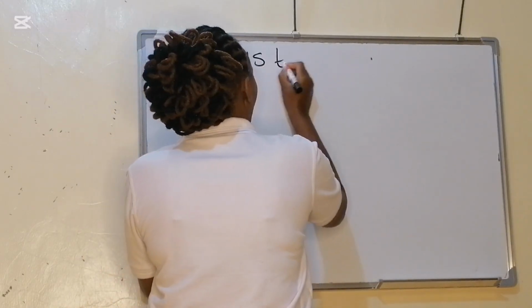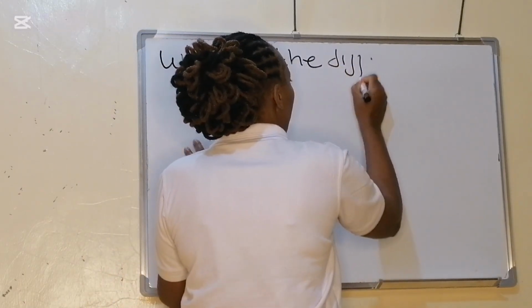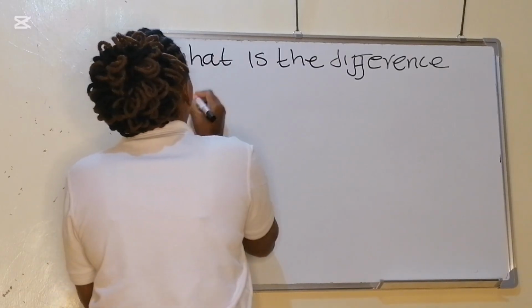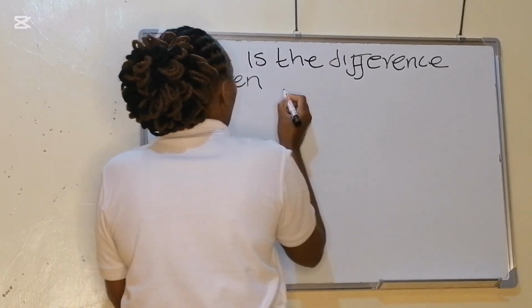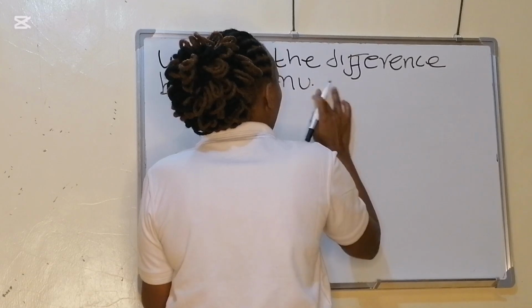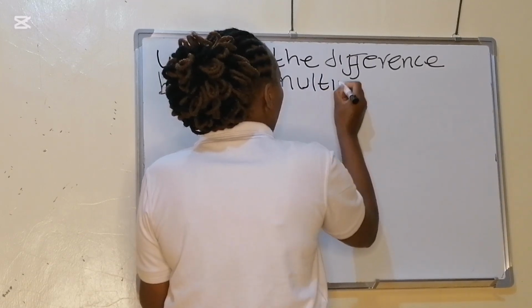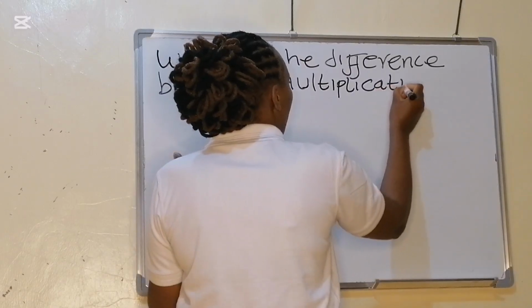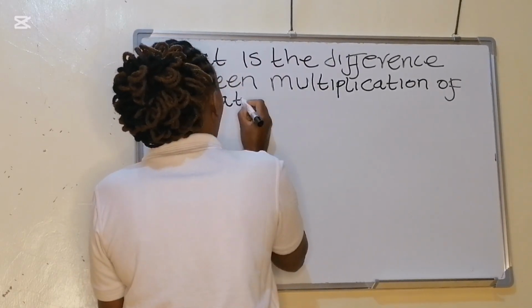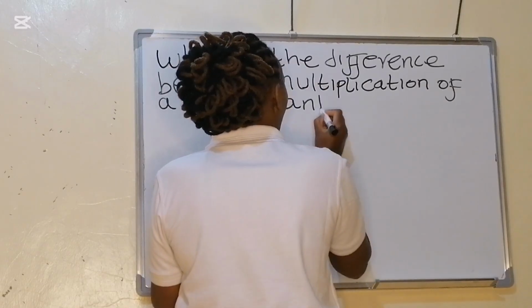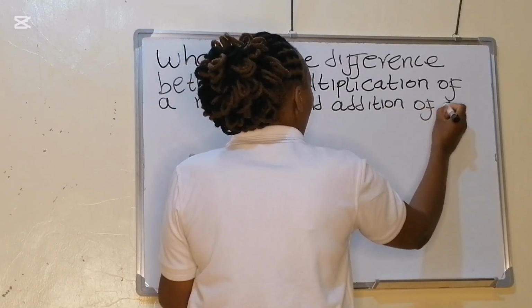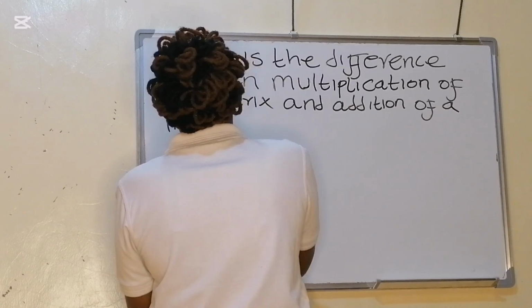What is the difference between multiplication of a matrix and addition of a matrix?